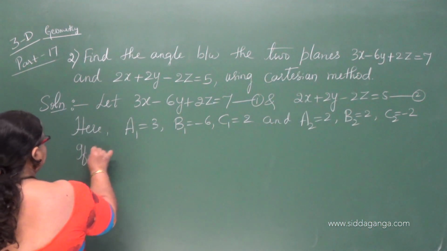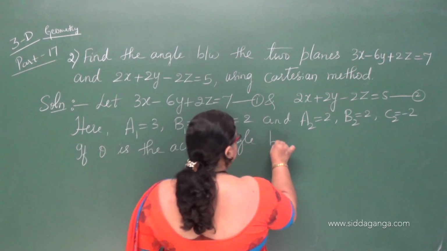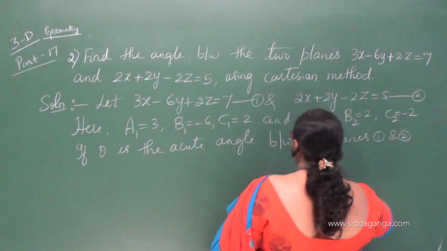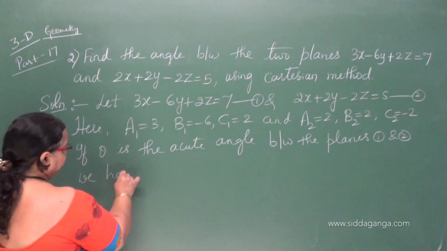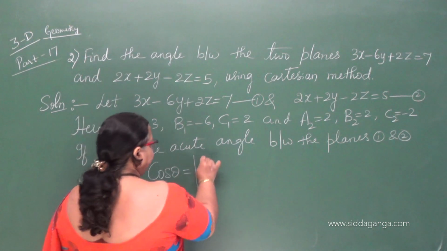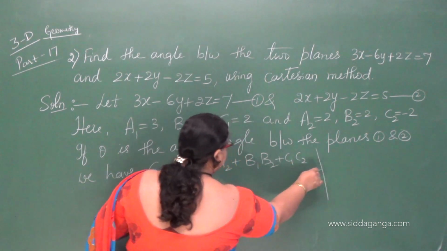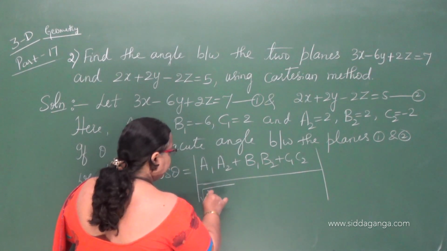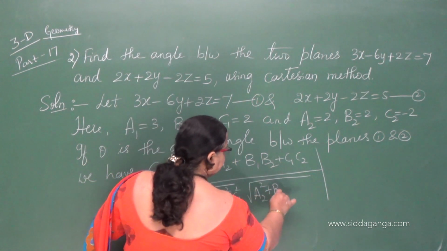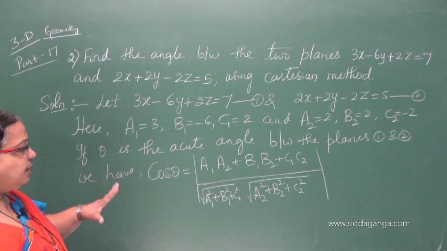So if theta is the acute angle between the planes 1 and 2, we write the formula: cos theta is equal to a1 a2 plus b1 b2 plus c1 c2 divided by root of a1 square plus b1 square plus c1 square into root of a2 square plus b2 square plus c2 square. This is the formula in the Cartesian form.